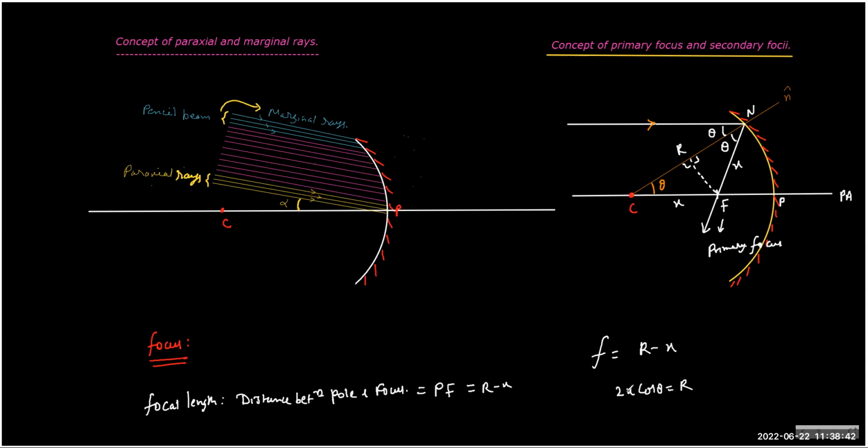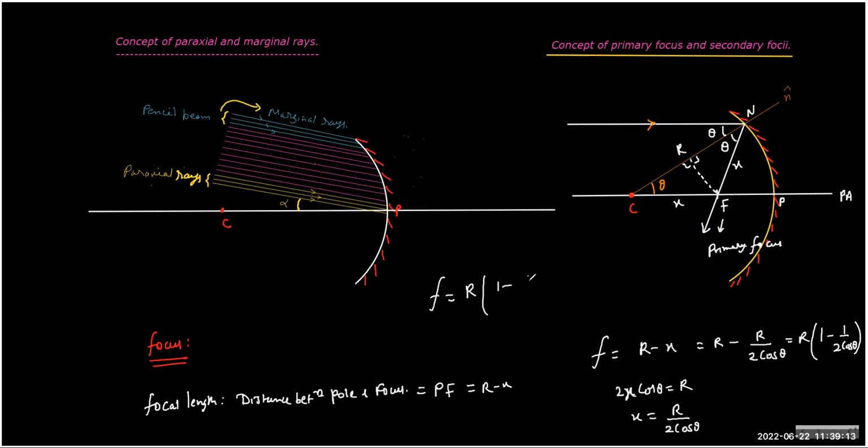Yes. So x turns out to be R upon 2 cos theta. You can see that this is quite a different formula from what you perceived in high school. This is the actual formula of focal length. And I'm talking about the focal length of the primary focus.